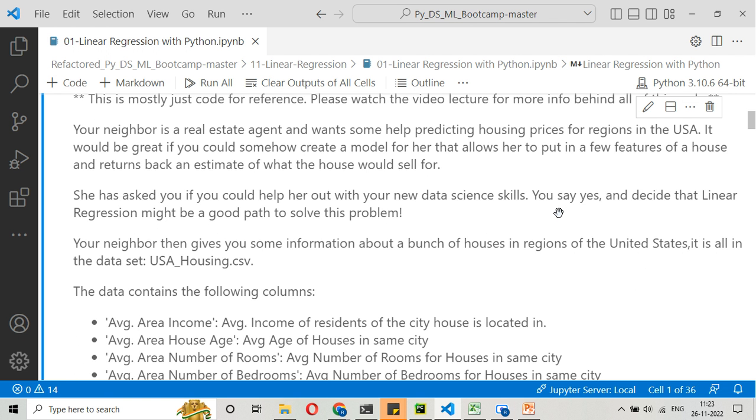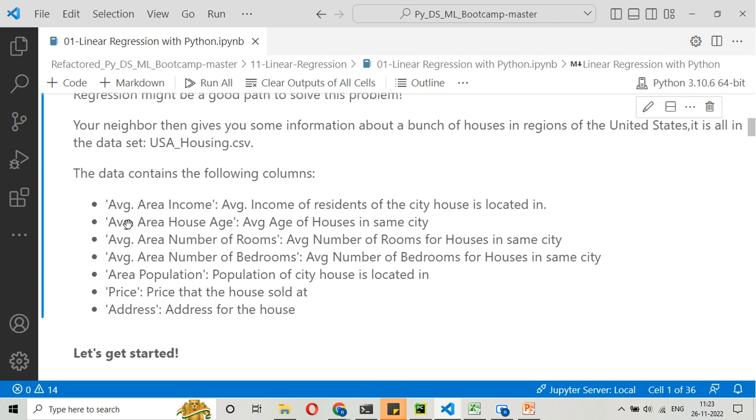The data includes the average income of a resident living in the house, how old the house is, the age of the house, the number of rooms, number of bedrooms, area population, the price it is selling at, and the address. Yes, correct. The location and address are also a factor in predicting the price of any house, obviously.